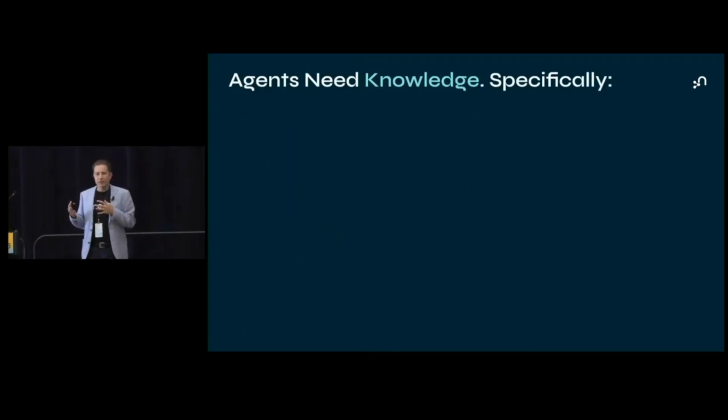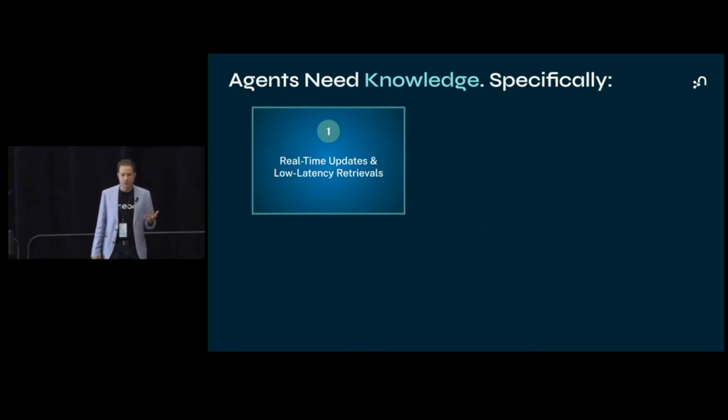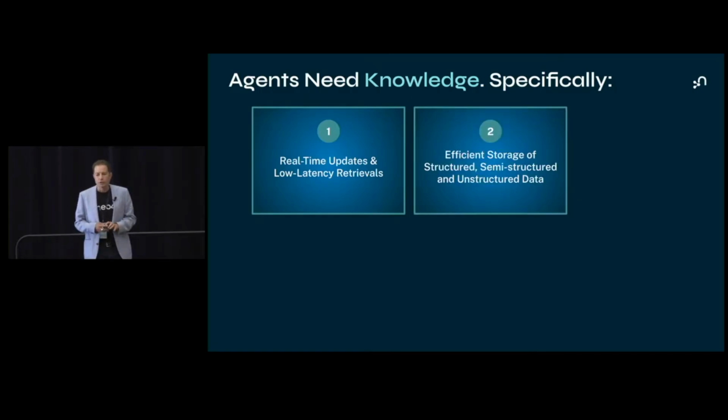Now, let's look at the requirements agents have of knowledge. Agents are highly interactive, so they can't just interact with a data lake or a lakehouse. Number 1, they need a real-time system where they can have low latency retrievals, as well as update the system so that you can have a virtuous cycle of self-improvement. Number 2, you also need to be able to store structured, unstructured, and semi-structured data.